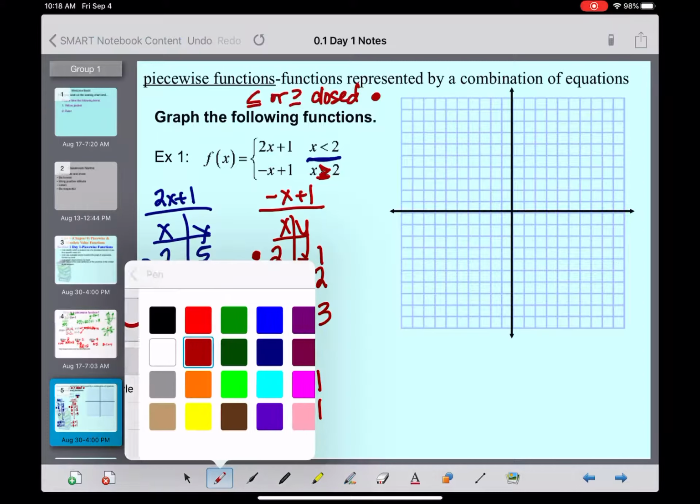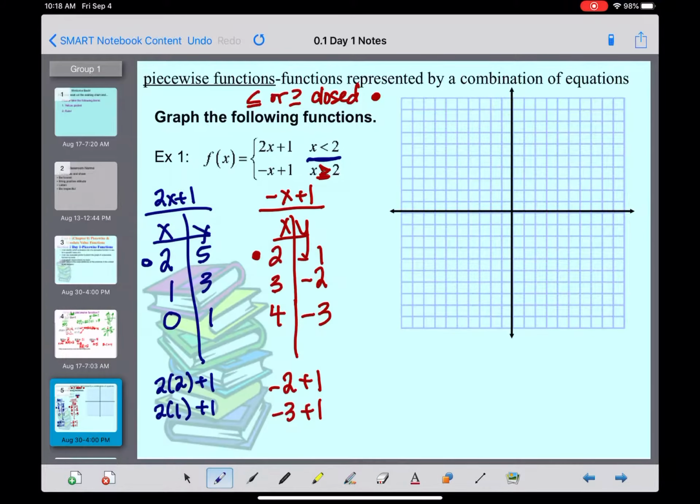For my blue line, that first one, 2x plus 1, I'm going to graph (2, 5), and that is going to be an open circle. Then (1, 3) and (0, 1). This side has the line: start at the 2 and draw in the direction that you started plotting the points.